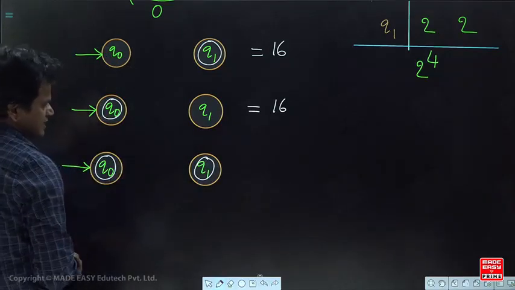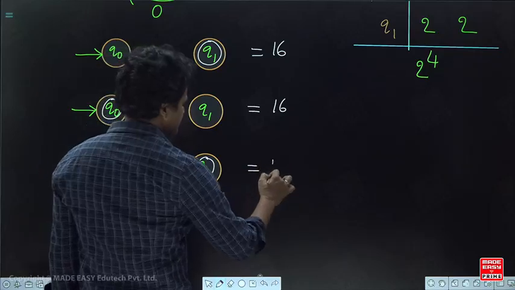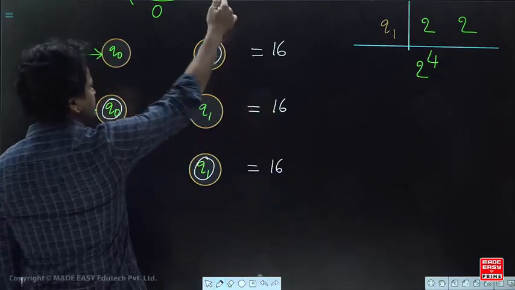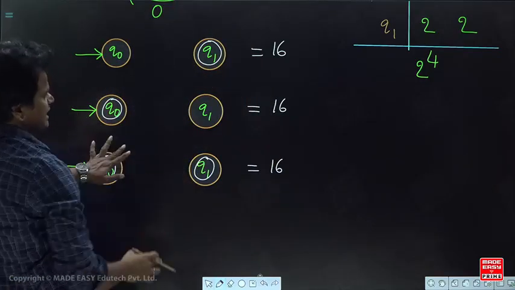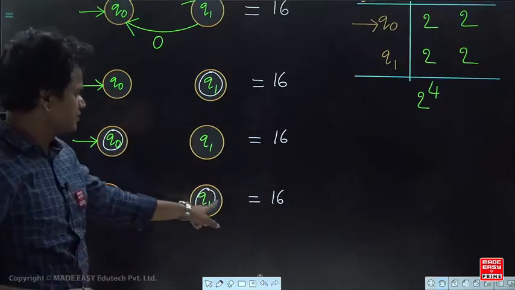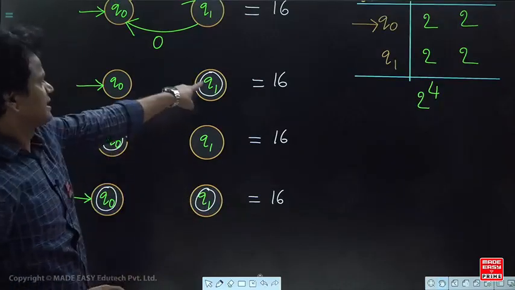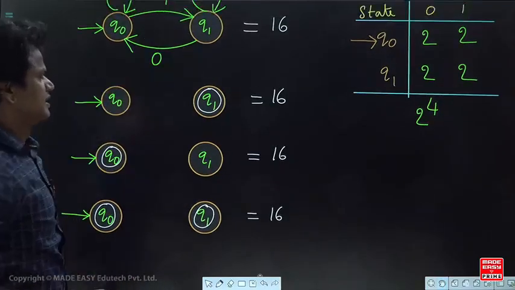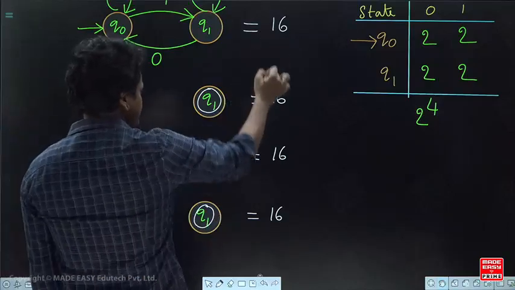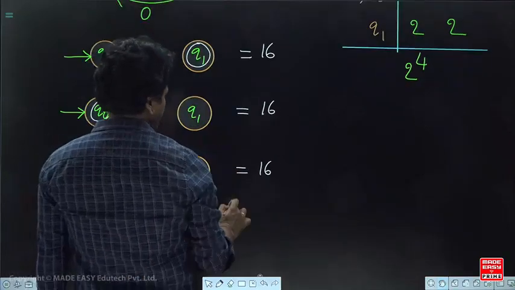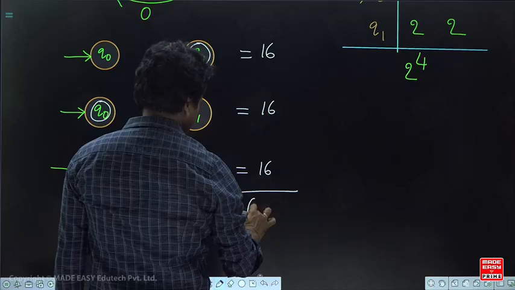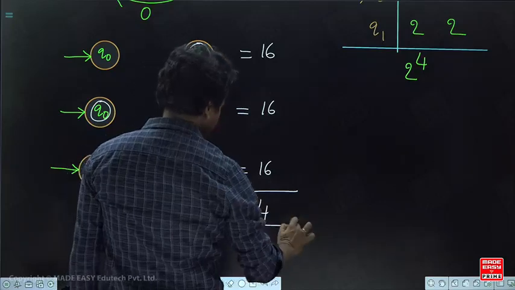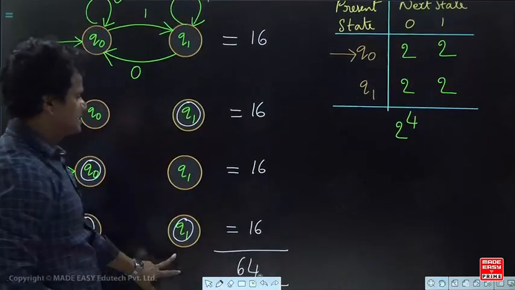Both states as final. Structurally we get the same 16, but functionally here both are final, here the initial is final, here the other is final, here no one is final. So finally 16 plus 16 plus 16 plus 16, what is the answer? 64 is the answer.